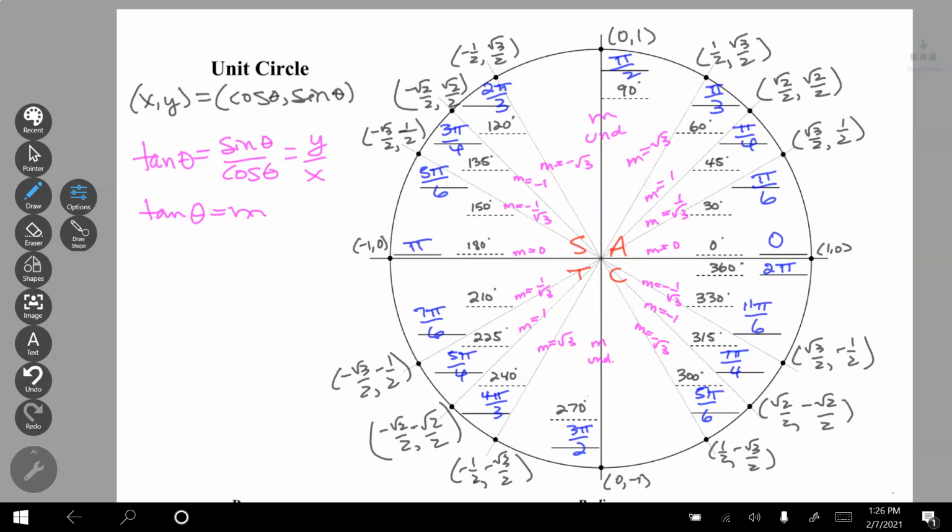And that is our whole big picture in degrees, radians, x and y cosine sine values, and slope tangent values.